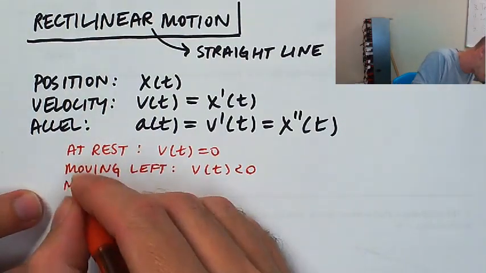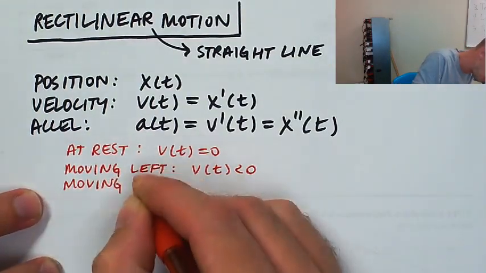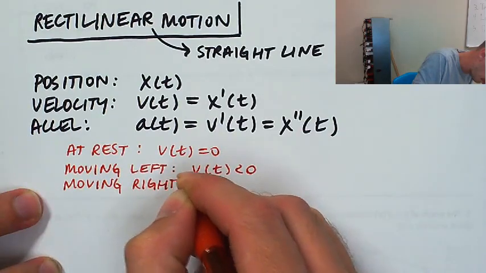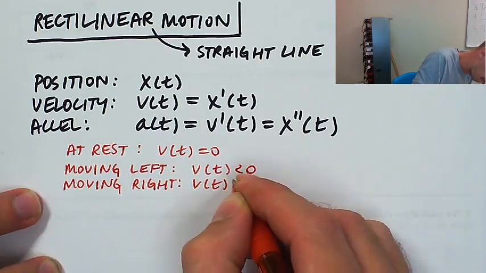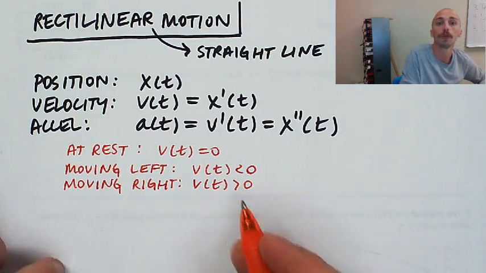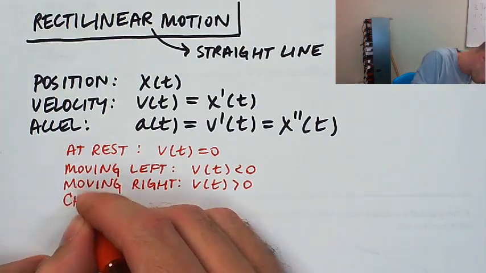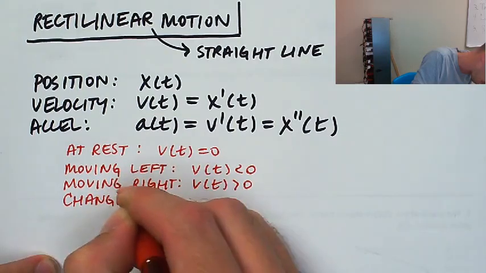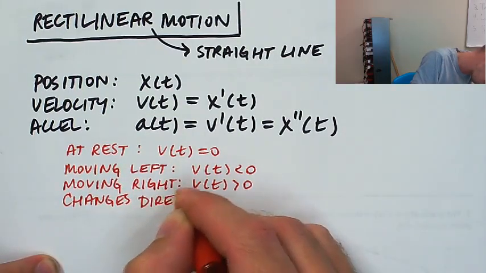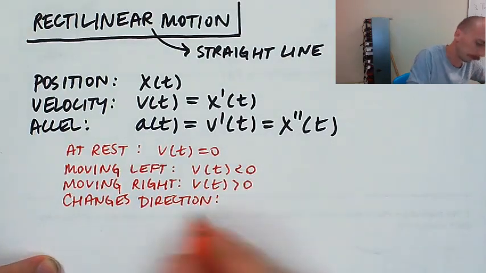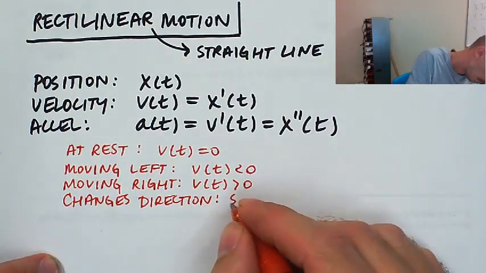Okay, moving right, that's going to be the opposite. V of t is greater than 0. Changes direction, that's going to be a sign change in velocity. I'll put that in there, for moving on a straight line.